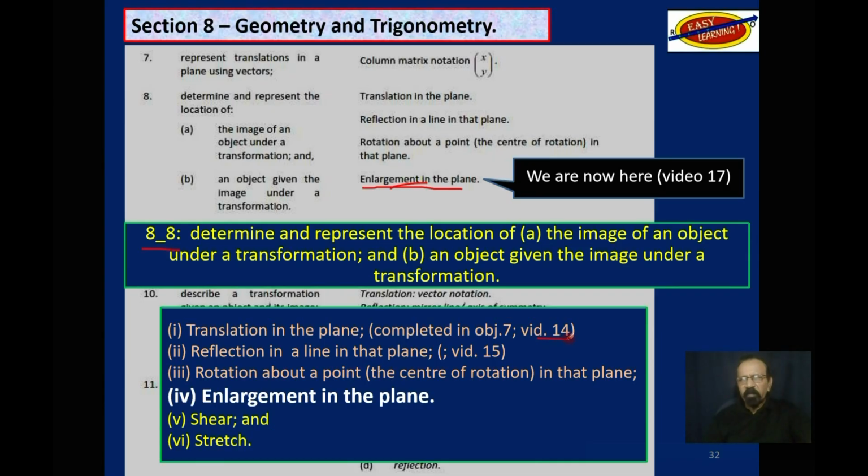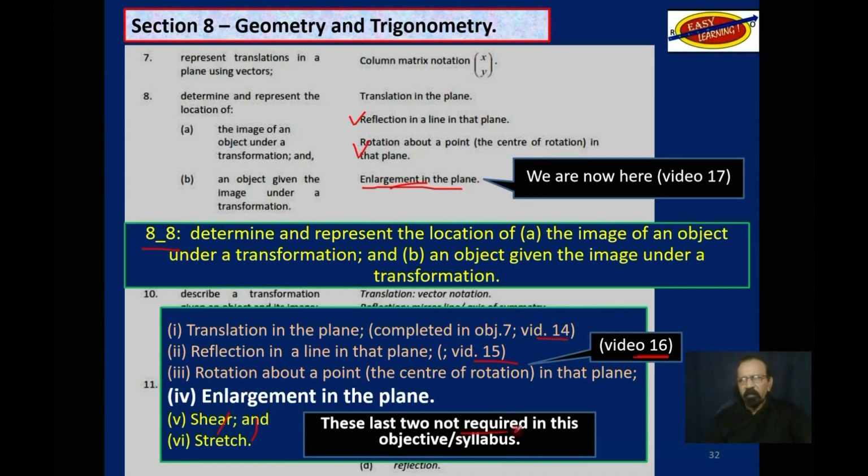We finish this in video 14, this in video 15, that is that. We finish this in video 16, that is that, rotation. Those 2 are not required by CSEC. So right now we are here.